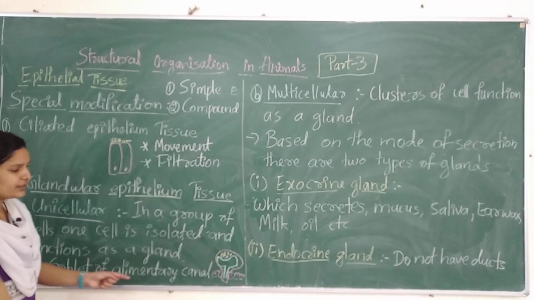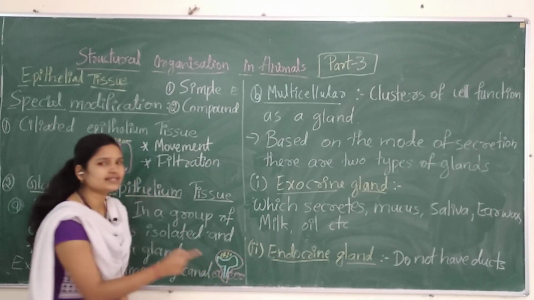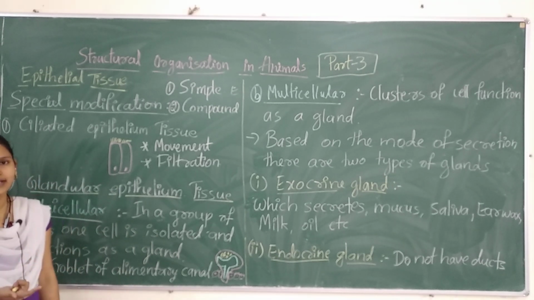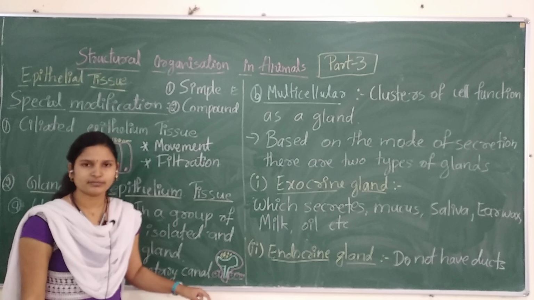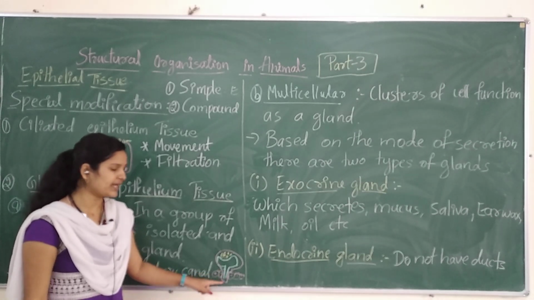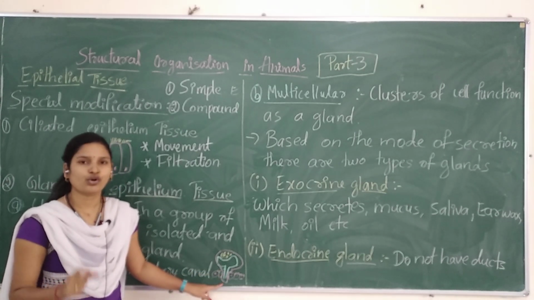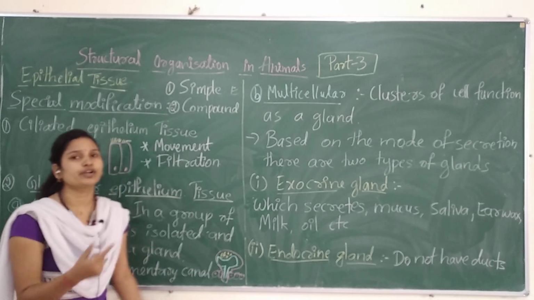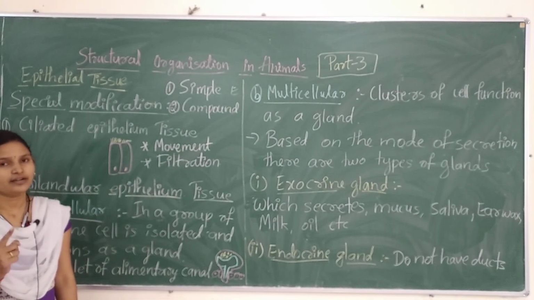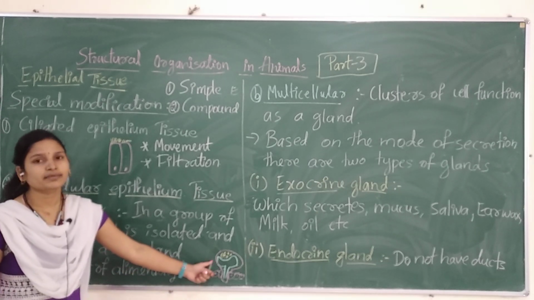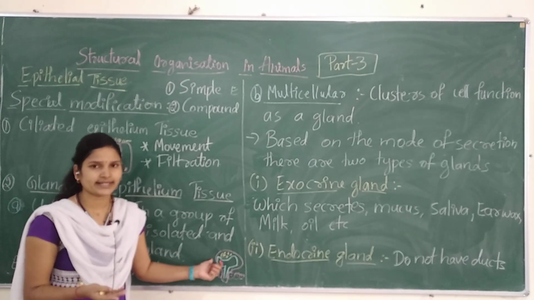So in the group of cells only one cell will become specialized or modified, whether it may be cuboidal or columnar. The modification will again be cuboidal or columnar. This cell modifies and becomes one special cell, and it performs a particular function like secretion.